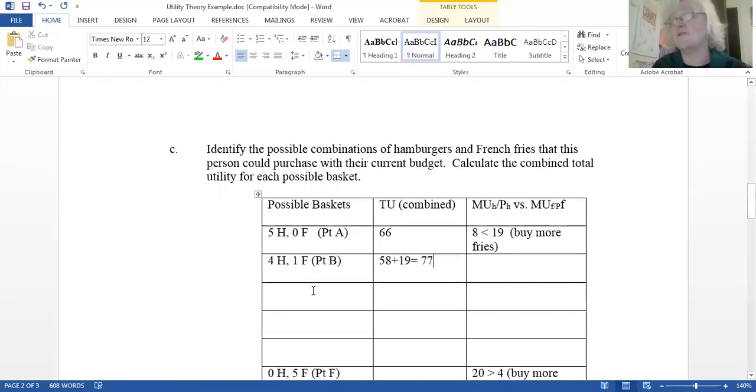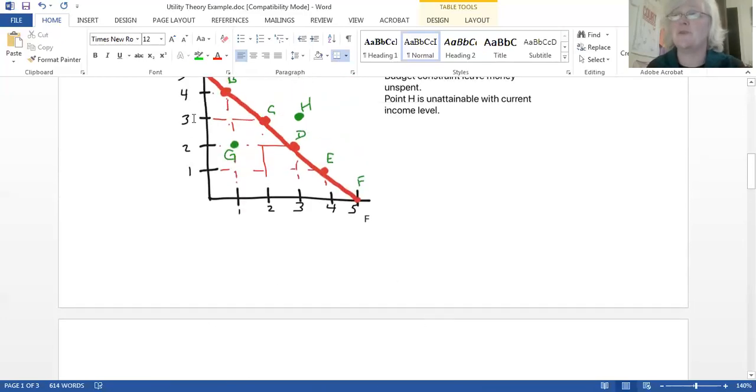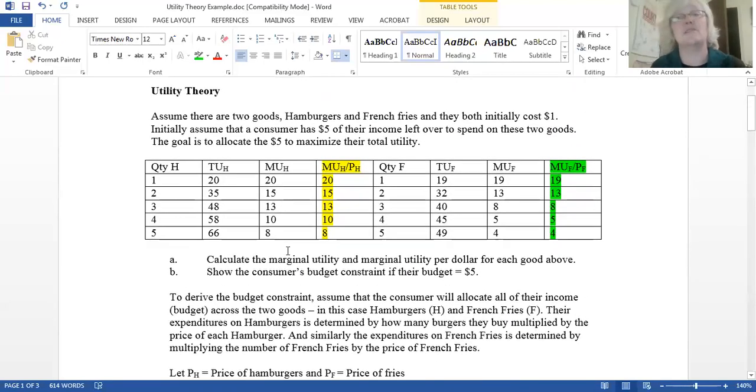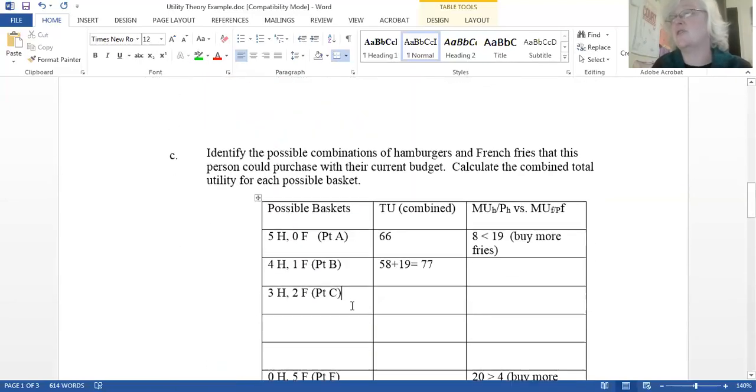Let's go then to our next point, walking down that budget constraint. 3 hamburgers, 2 French fries. That's going to be represented by point C on my graph. Let me go up here. 3 hamburgers, 2 French fries. You can see it right there, okay? Let's find out what the total utilities for those two are. The combination of 3 hamburgers, 48, 2 French fries, 32.